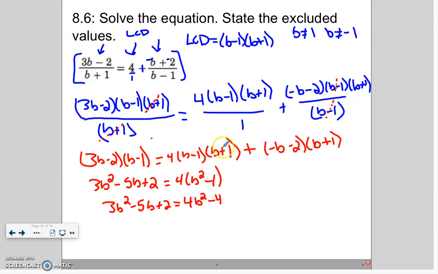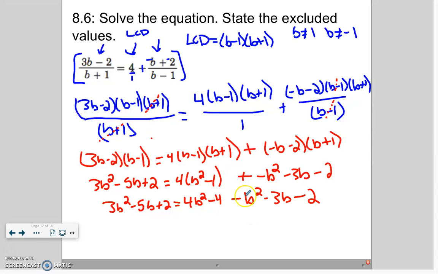And that's this whole thing FOILed together, distributed to 4. Plus a negative b squared, a negative b plus a negative 2b, which is then negative 3b, and a negative 2 times 1 is then the negative 2. So I'll just copy that down here.